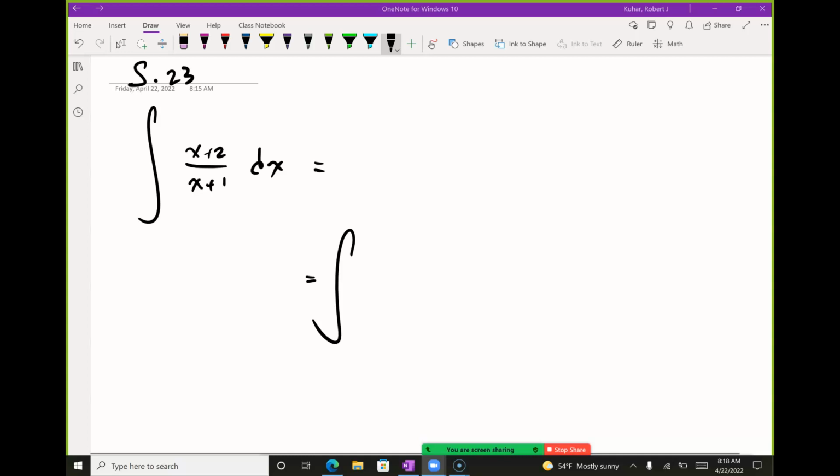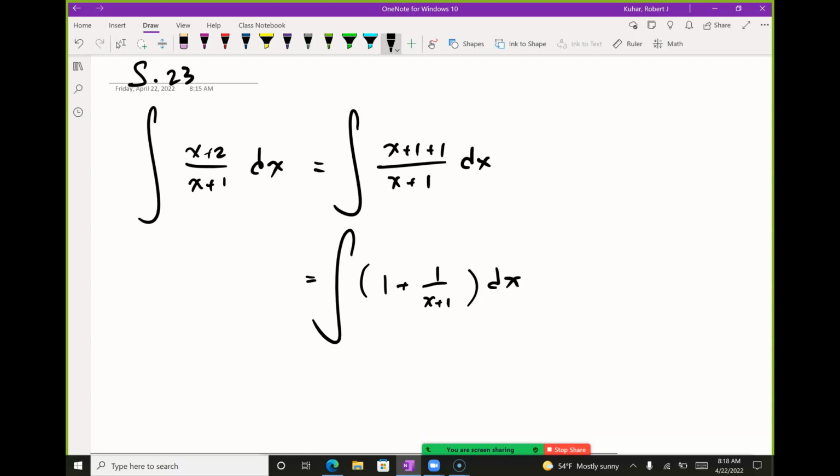So if anyone did the long division, and I'm hoping you did, you get the integral of 1 plus 1 over x plus 1 dx, right? I'm going to divide and conquer, just so you see it. So this is x plus 1 all over the quantity of x plus 1.